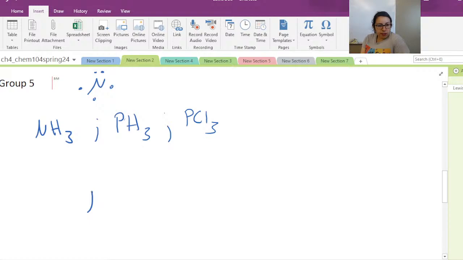And so hopefully you got something that looks like this. And it doesn't matter what atom you put there. Could be chlorine, could be fluorine, bromine, all those would have similar patterns.